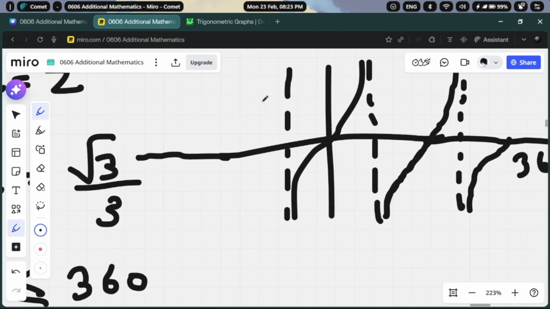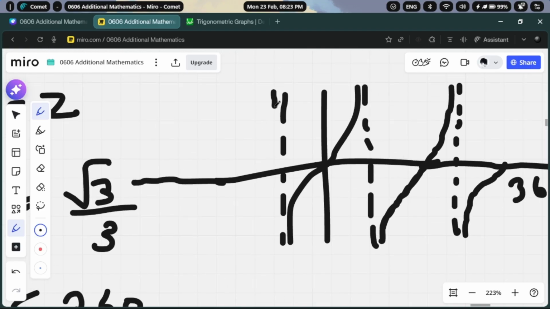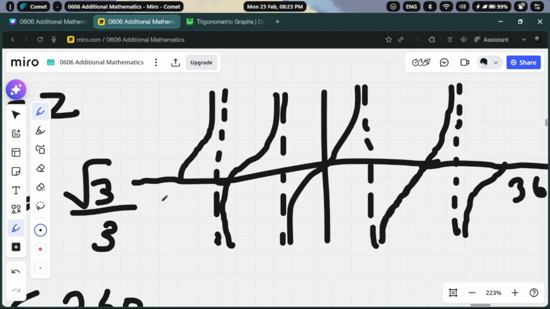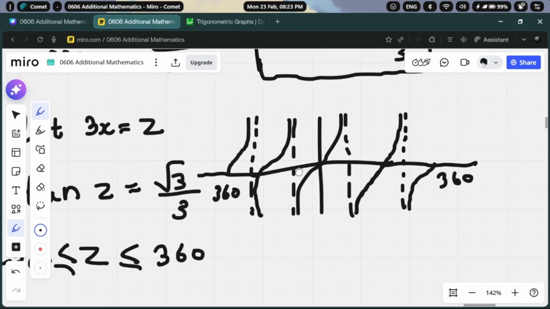This is for minus 90, then this would be minus 180 over here, and then you get essentially minus 270 over here. So this is minus 270, and then this is minus 360. This is the entire valid graph.